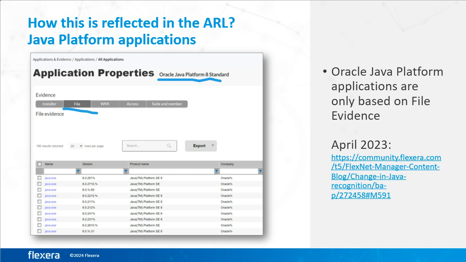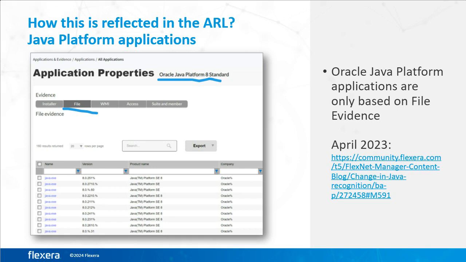That is all coming from our ARL, Application Recognition Library. So this is the Java Platform 8 Standard. It's a commercial one. We also have Java 8, let's say prior to the change, as another application. So it's all in, right? You can filter on the commercial ones.